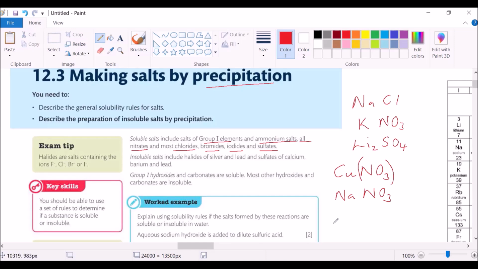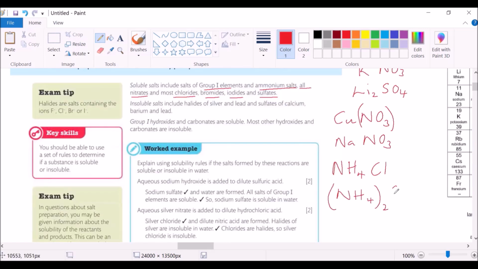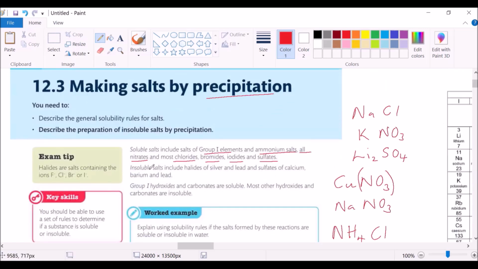Ammonium salts such as ammonium chloride and ammonium sulfate are all soluble. And most chlorides, bromides, iodides. So these are halide salts, and most sulfates are soluble. Insoluble salts include halides of silver, lead, and sulfates of calcium, barium, and lead.